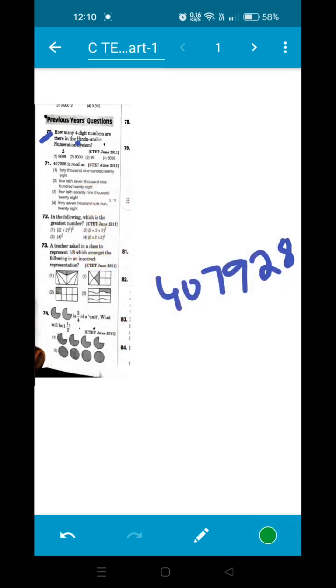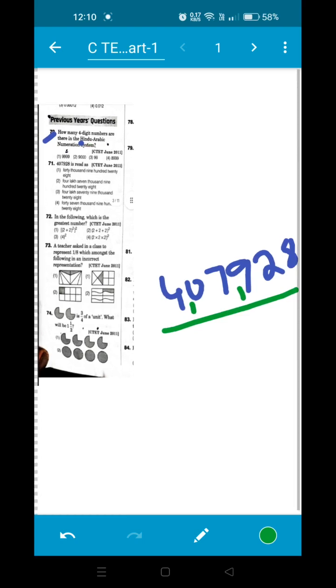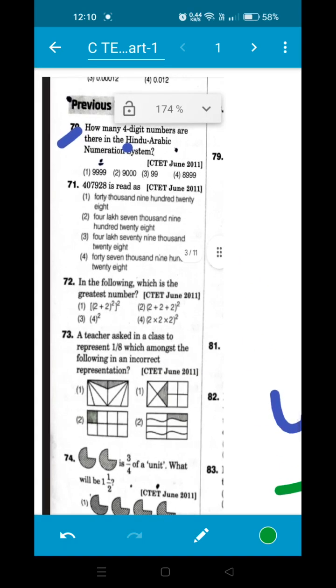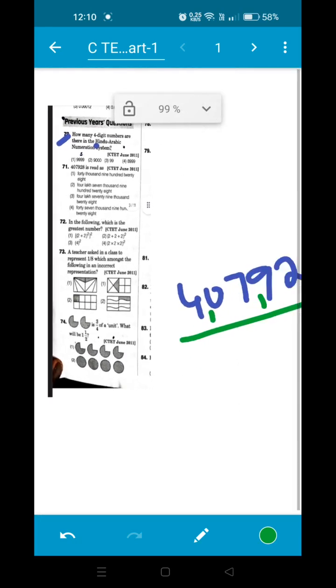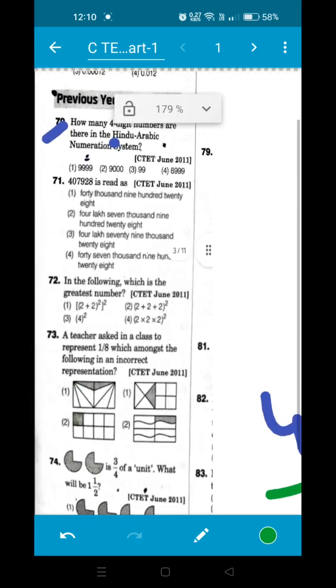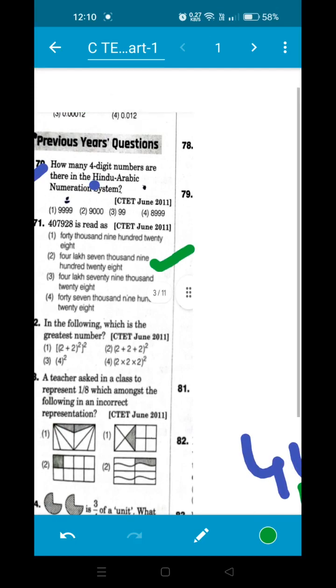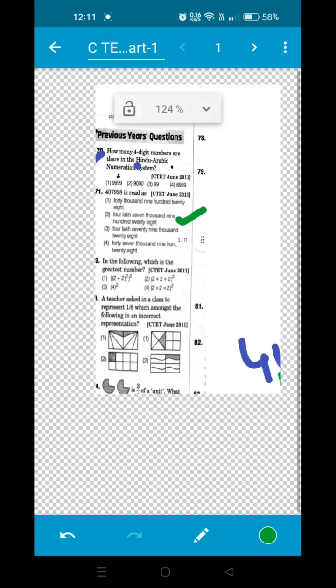Let us verify in Indian: after 3 digits, then after every 2 digits, like thousands and ten thousands, we get 4,07,928. If it is in any option, we will get the answer. Option 3 says 4 lakh 79, but that is not it. We need 4 lakh 7 thousand 928, so option 2 is the answer.